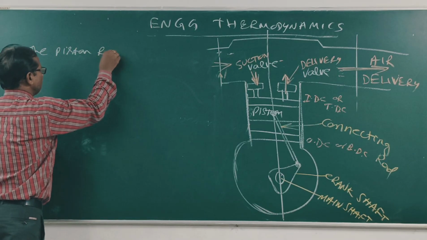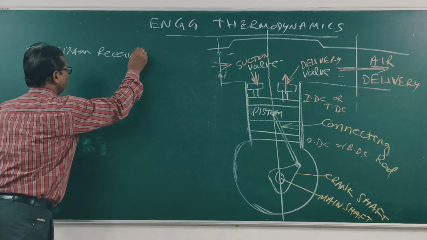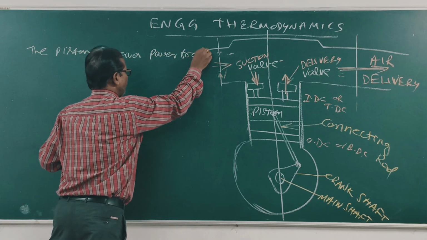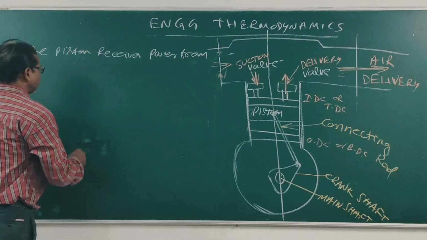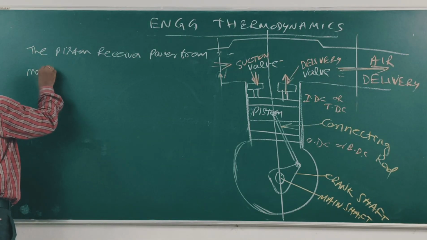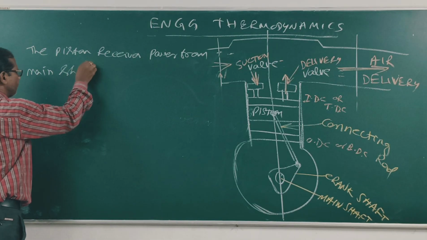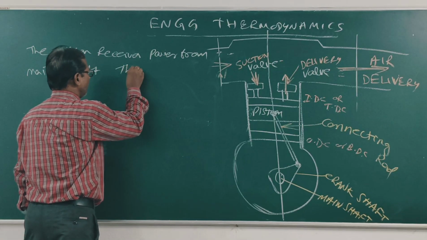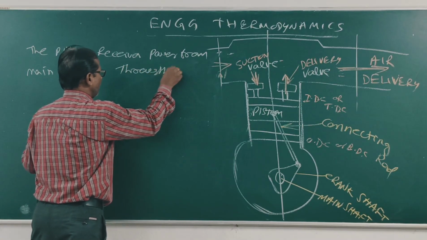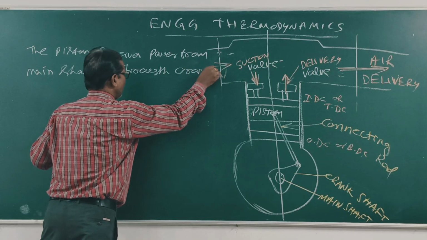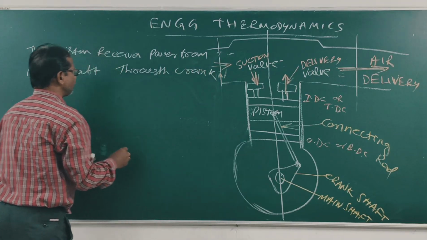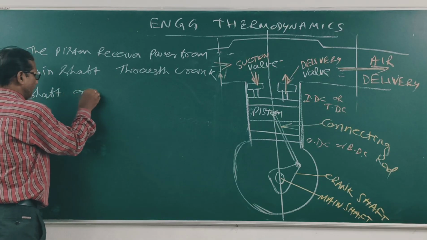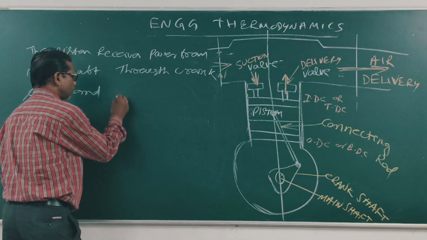The piston receives power from main shaft through crankshaft and connecting rod.